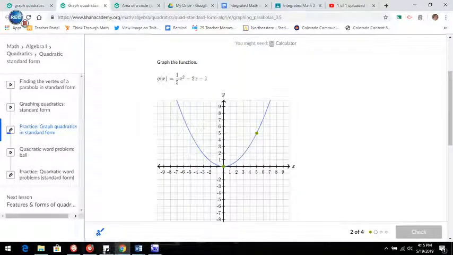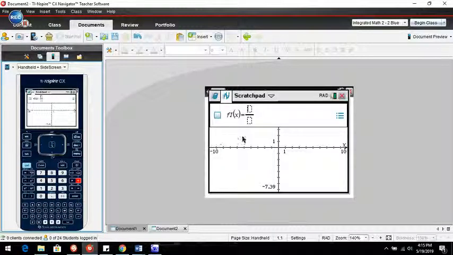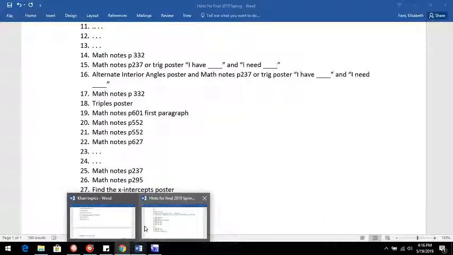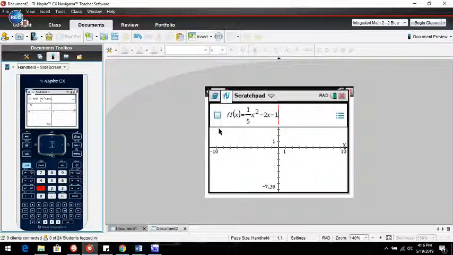Yeah, 1/5 x squared minus 2x minus 1. To get that little template, you can do control divide. Of course, if you're using Desmos at home, I think you can just type in 1 divided by 5. If you're using the calculator, you do need to be careful to type a minus right there and a minus right there. 1/5 x squared minus 2x minus 1.